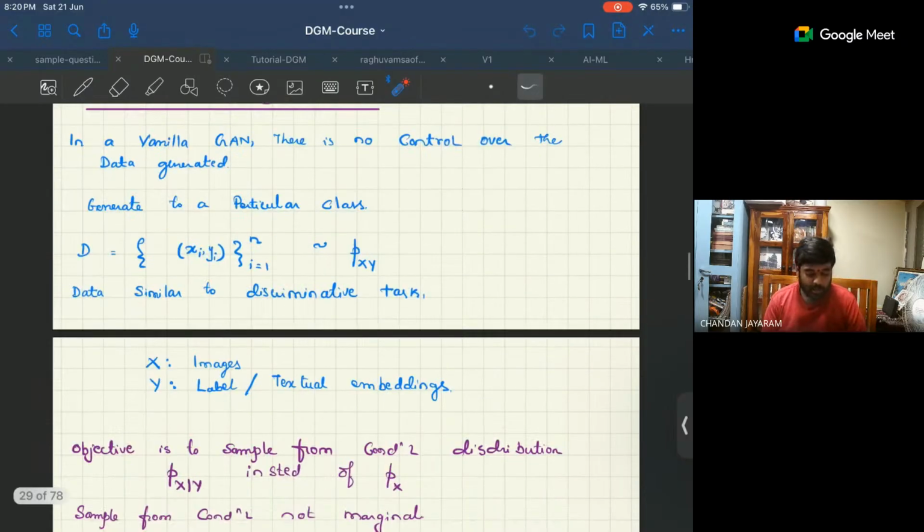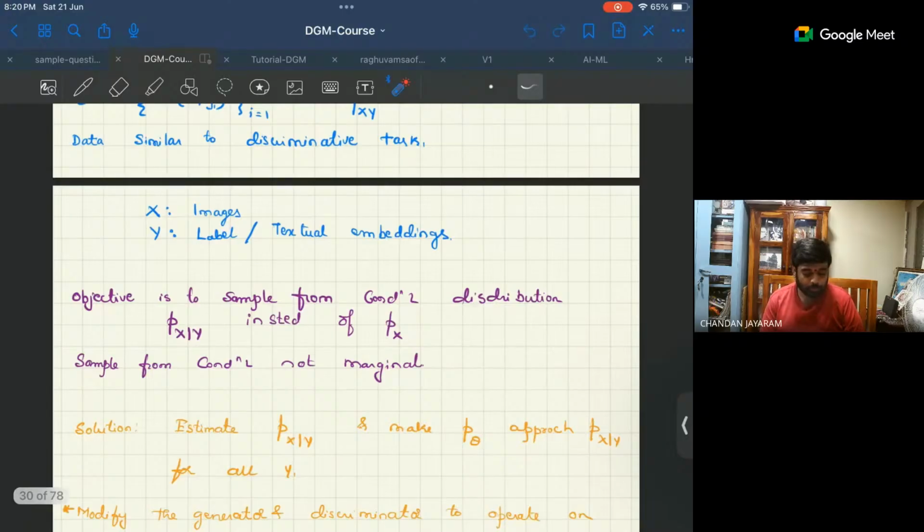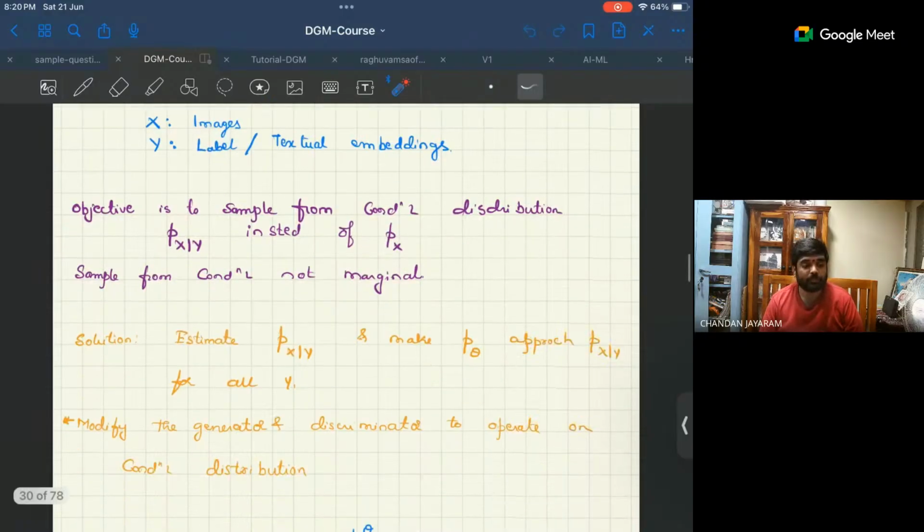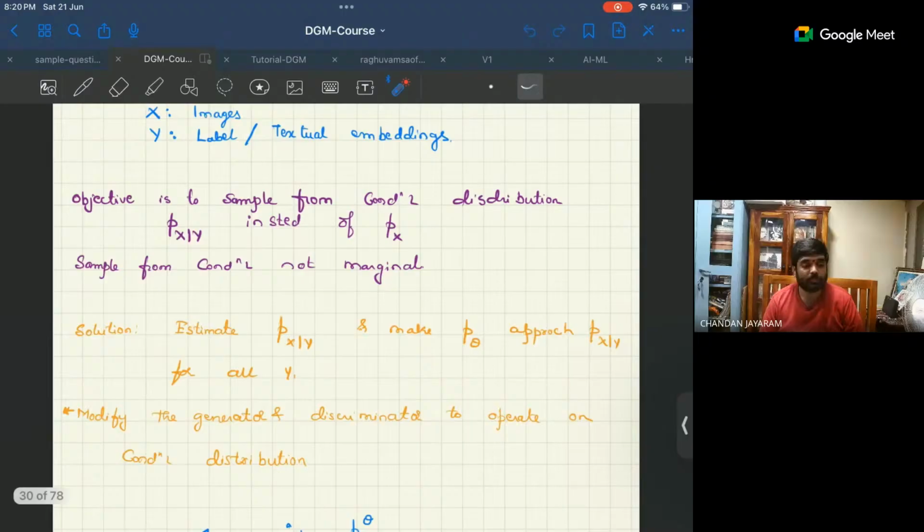You have your data, which is from a joint distribution Pxy. The objective is to sample from a conditional distribution P of x given y instead of Px. I will be giving you y; given y, generate me an example. The idea is simple: estimate P of x given y and make P theta approach P of x given y for all y. That's all.